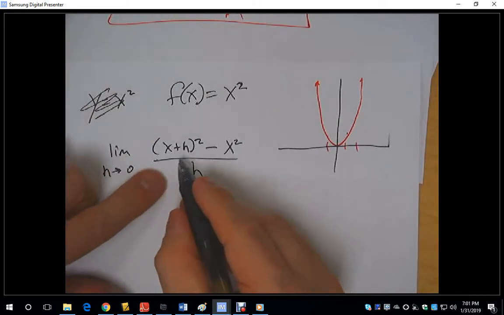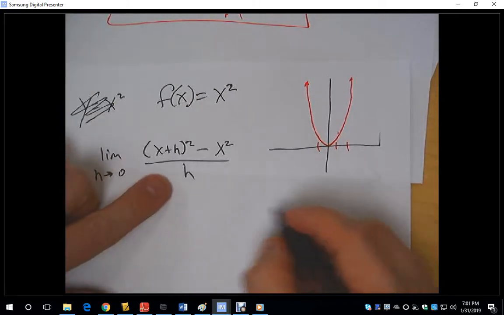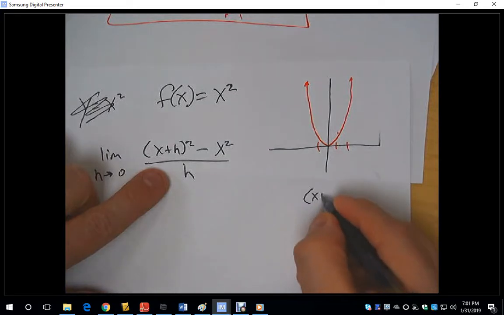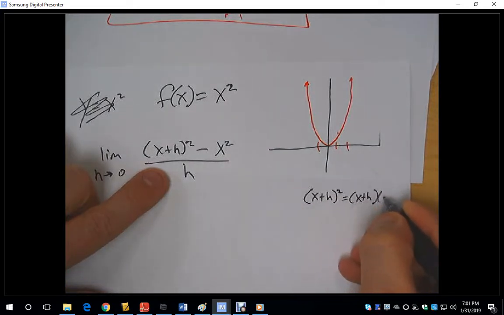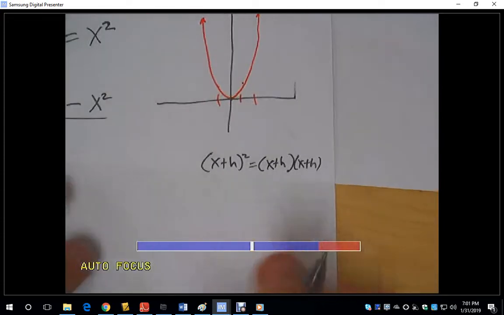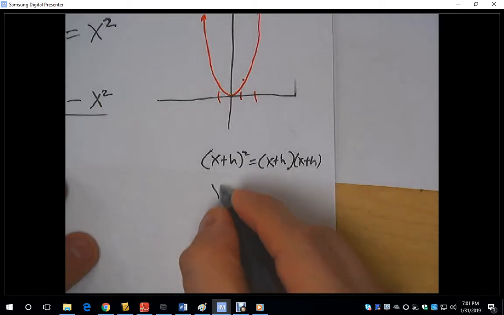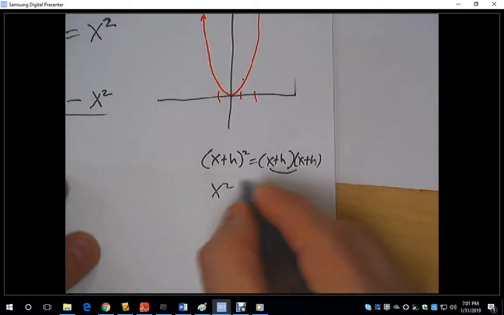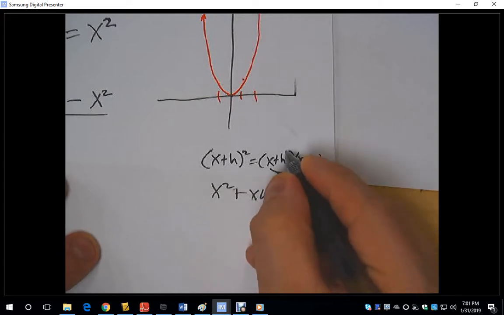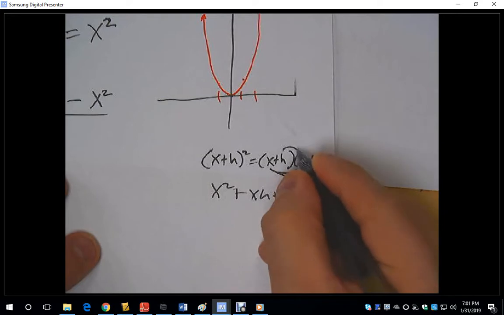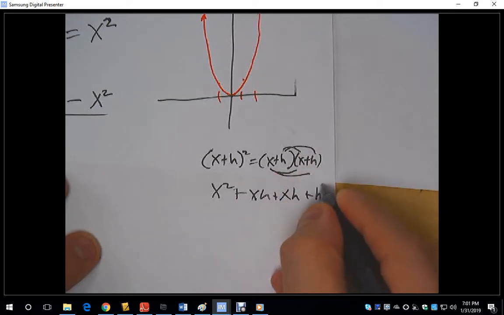Now, I have this x plus h squared, and I'm going to expand it, so x plus h squared becomes x plus h times x plus h. When I distribute, I'm going to get x squared plus x times h plus x times h plus h squared.